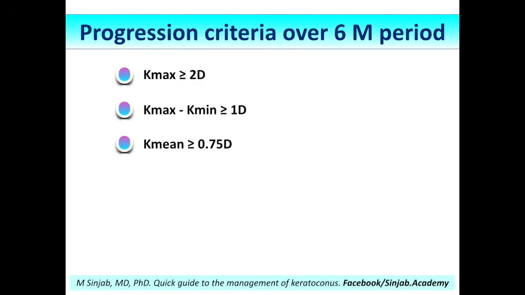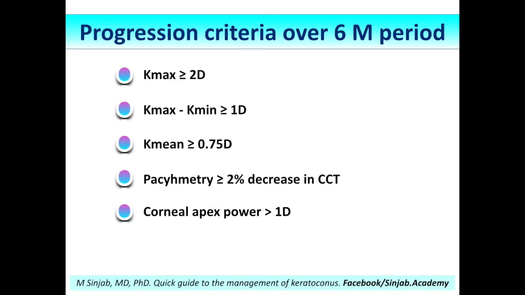There are several parameters, and we have to observe the cornea over a 6-month period. In addition, we have to use the same topographer. Suppose we are using Pentacam. When the patient comes after 6 months, we have to recapture him by the Pentacam again.